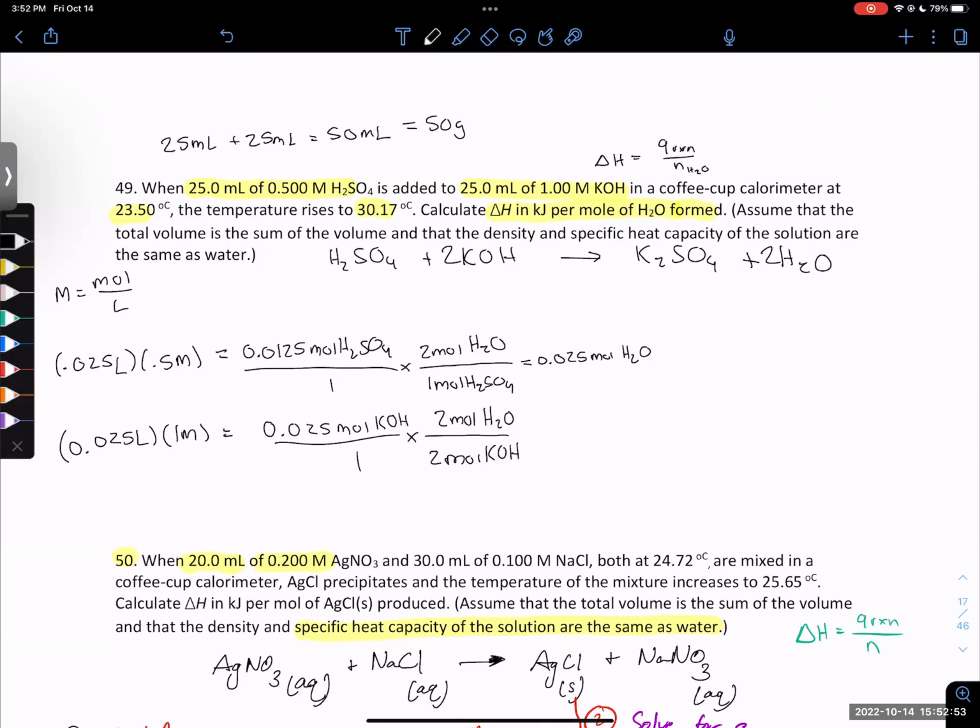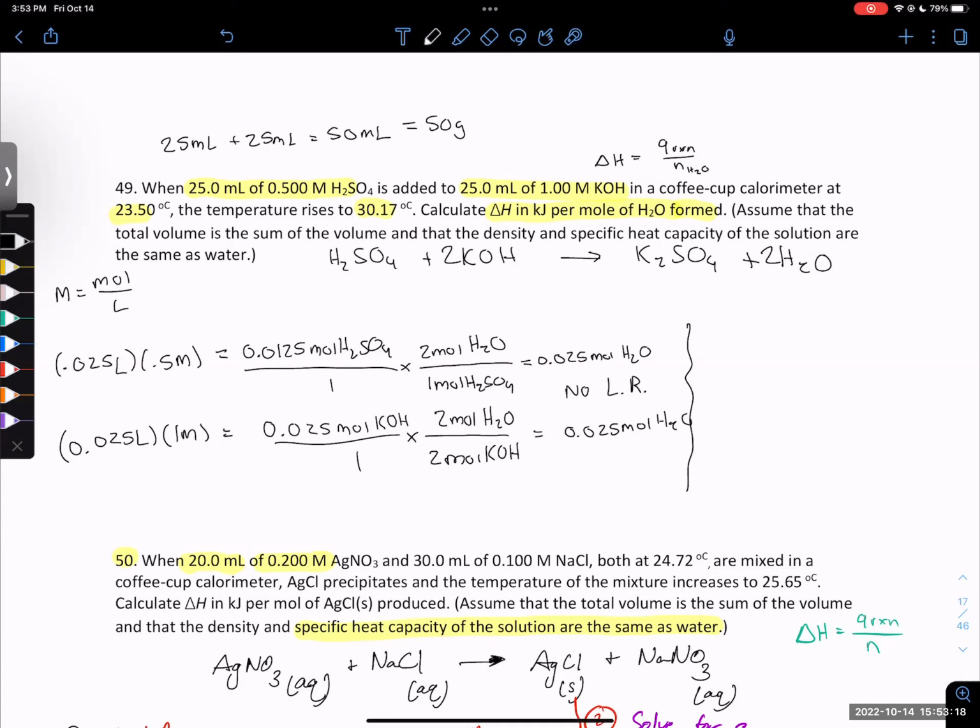So now we can just multiply that out and you get 0.025 moles of H2O, because it's 2 over 2. It doesn't do anything. There's no limiting reactant, or you can say that both are the limiting reactant. They're both the same thing.